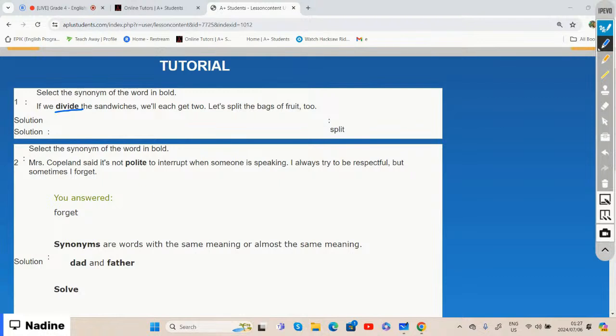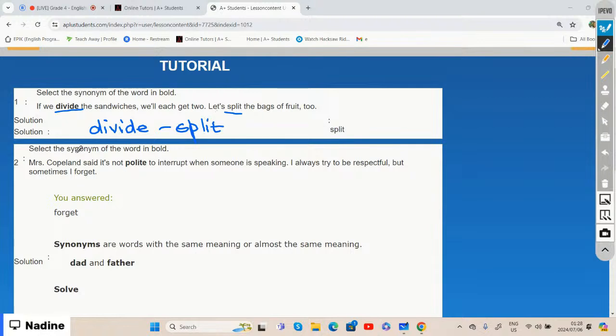The synonym of divide will be split. So it's either to divide something or to split something, right? So divide is the same as split. It's like you're splitting something, you're sharing something, you're dividing something, right?